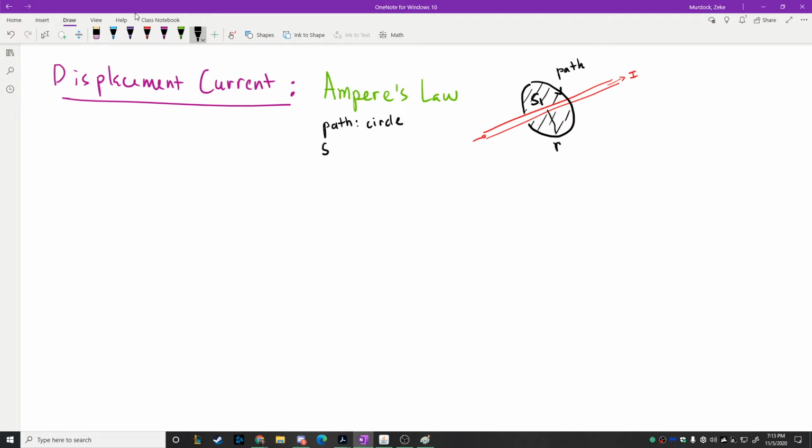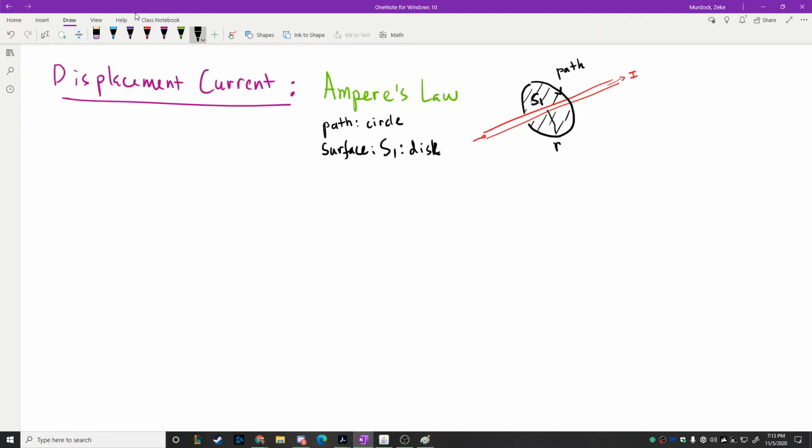And the surface of the path, which I'm writing here to be S1, is, what would you call it? It's also really a circle. It's just a, well, let's say it's a disk. Compact disc or something like this, or a DVD.